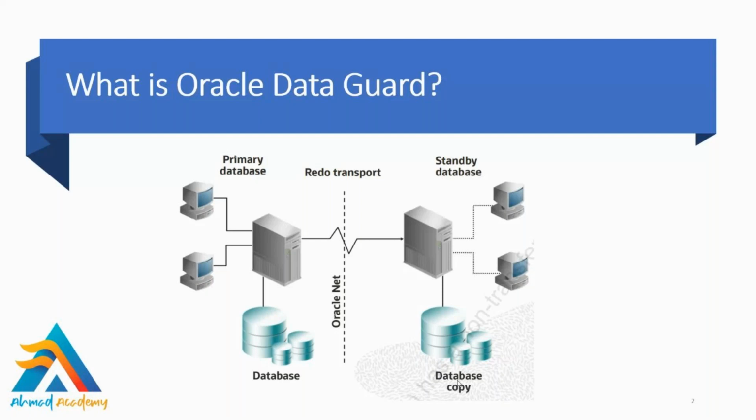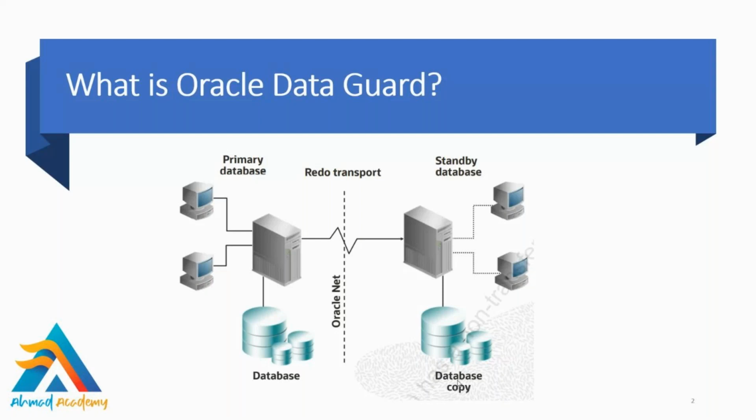But the difference is that you will establish a connection between the primary database and the standby database through network services, and your redo data will transfer and apply on the standby. So the standby database is an updated copy of your production database, where it will receive the redo data and apply it on the standby, so that if your production database crashes, fails, or is not available, you have the time to recover it.